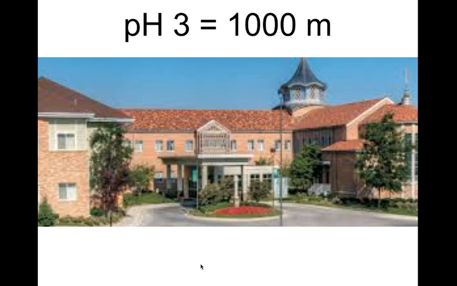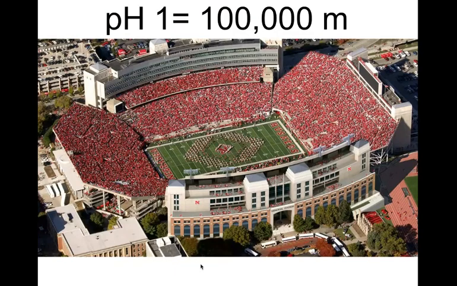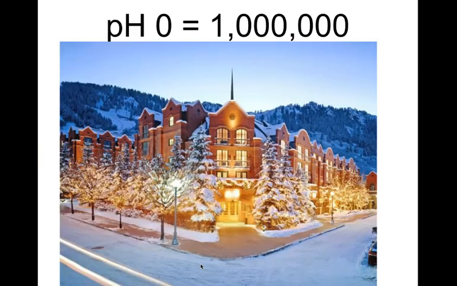There was no good landmark there, so I just put the New Kessel retirement community. pH of 2 being 10,000 meters. 10,000 meters from Prep going west puts us at about Boys Town. pH 1, 100,000 meters away, puts us down in Lincoln, roughly at Memorial Stadium. pH 0, which is 1 million meters away, puts us in about Aspen, Colorado.